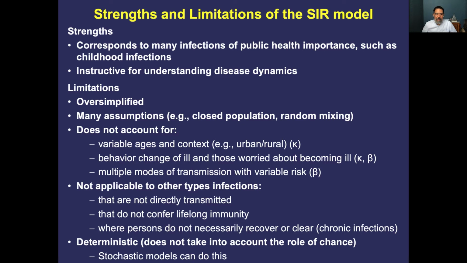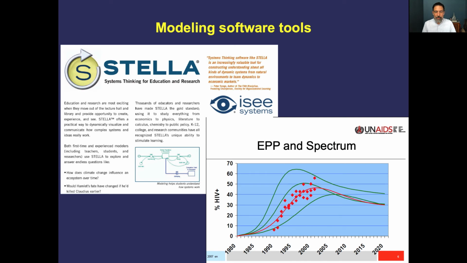So mathematical models that are purely mathematical and don't take into account any role of chance are called deterministic models, but there are stochastic models that we're not covering in this course that can bring this component into the modeling process.